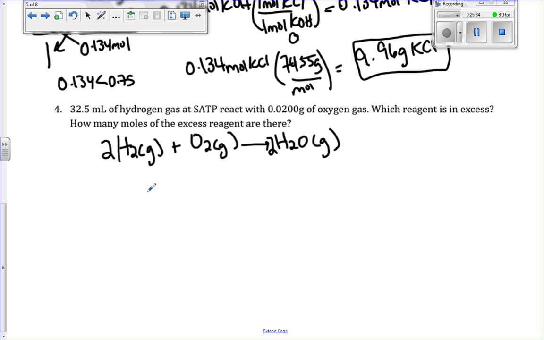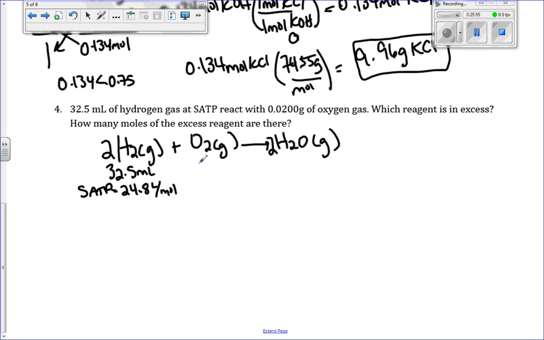Let's write out the information that we know. We have 32.5 mils of hydrogen gas at SATP, and we have the knowledge 24.8 liters per mole.